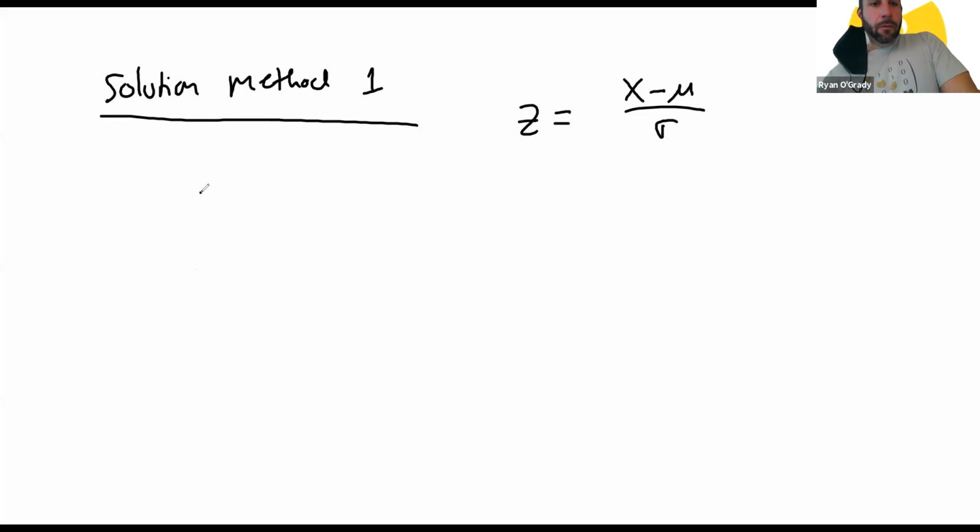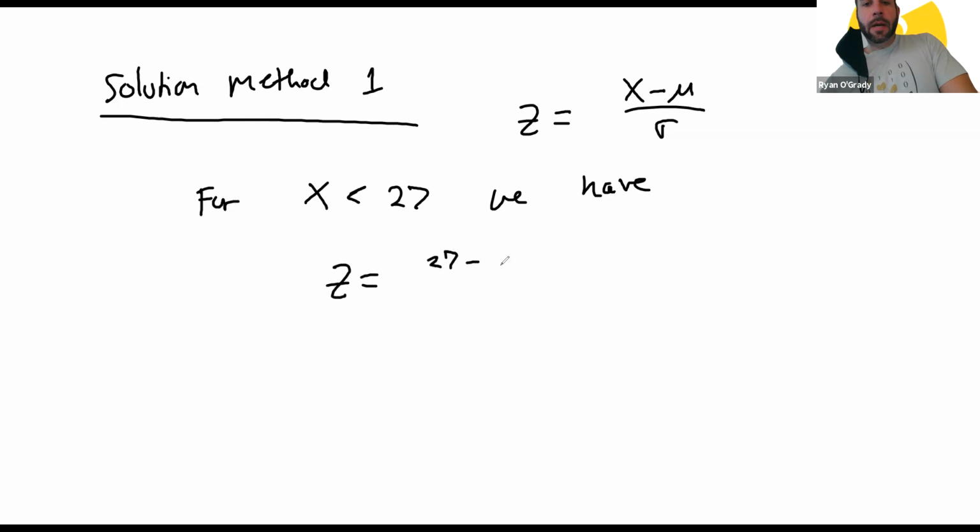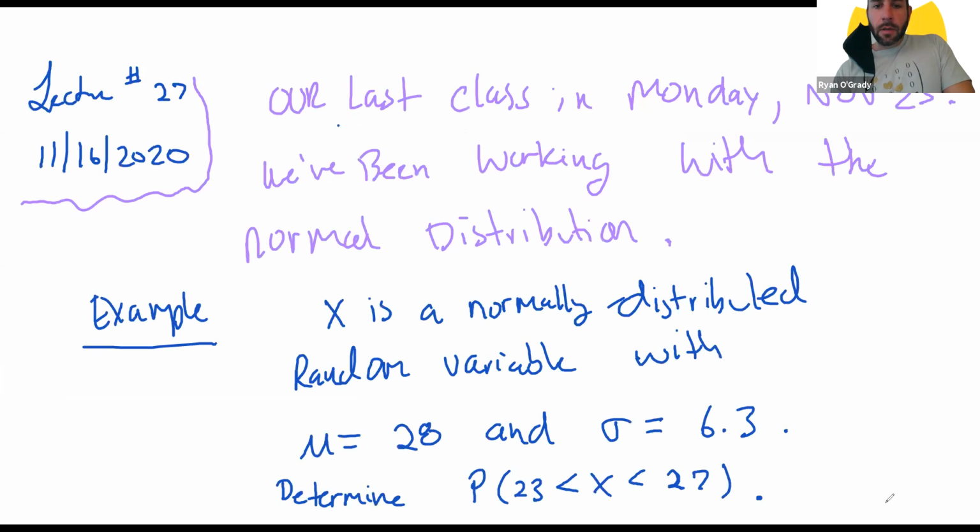So for X less than 27, we have, let's say Z equals 27 minus mu. What was our mu? Our mu was, I already forget. Now I got to go back. What was it? 28, and then over 6.3.